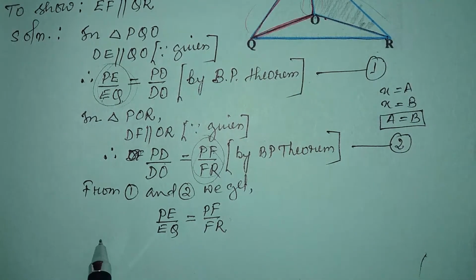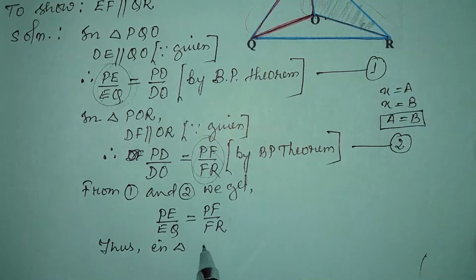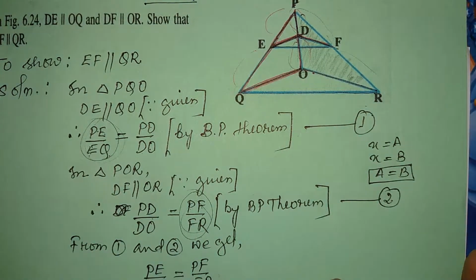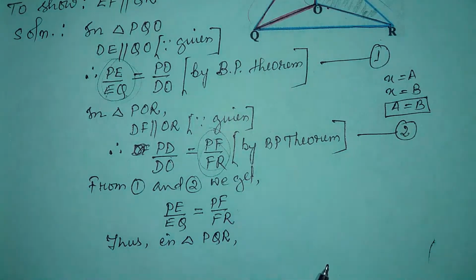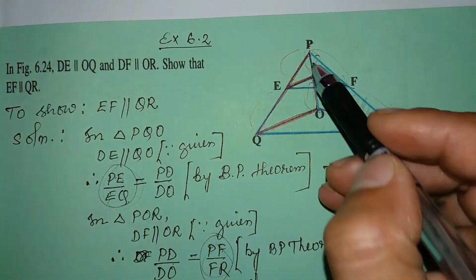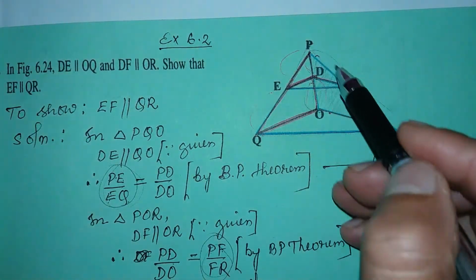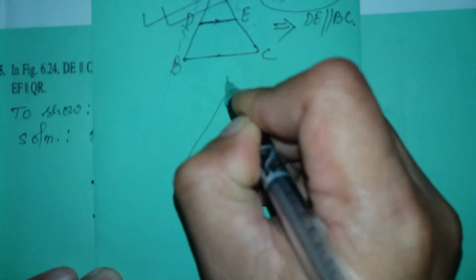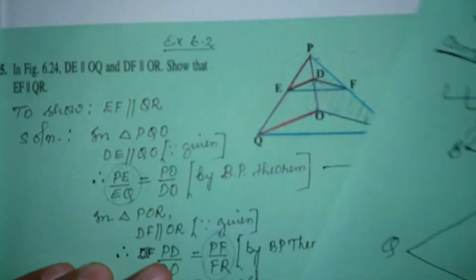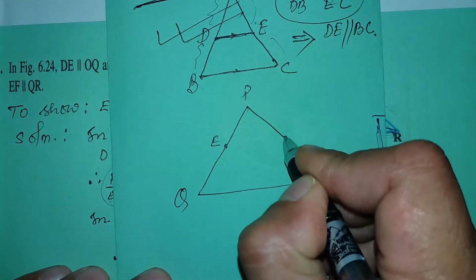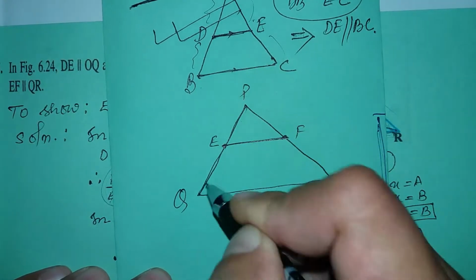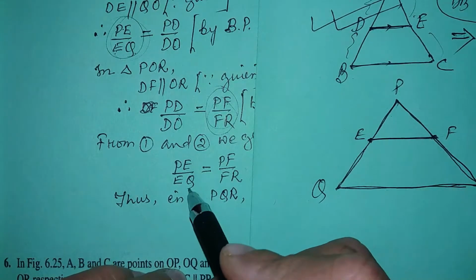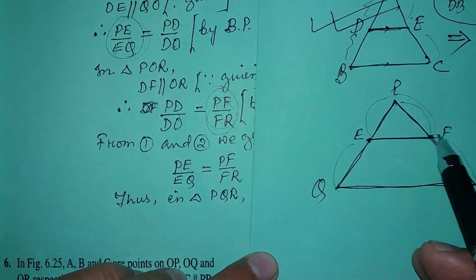Now thus in triangle PQR, let's consider this whole big triangle PQR, and E and F, this is E, this is F. Now what we got here is PE by EQ is equal to PF by FR.